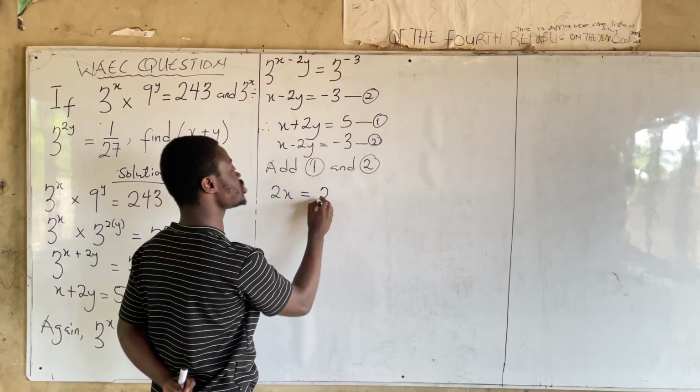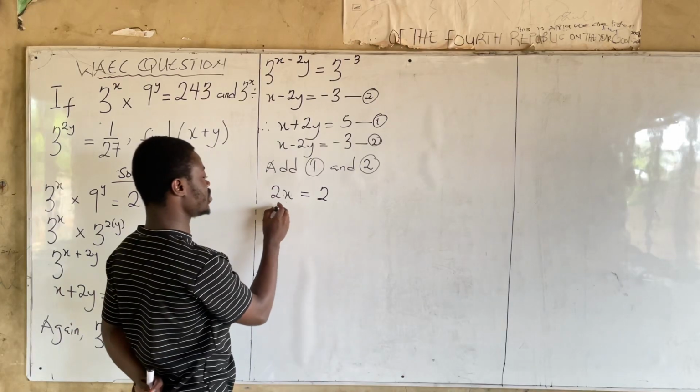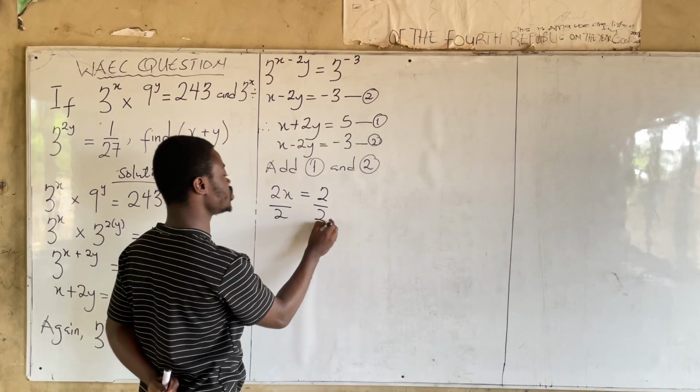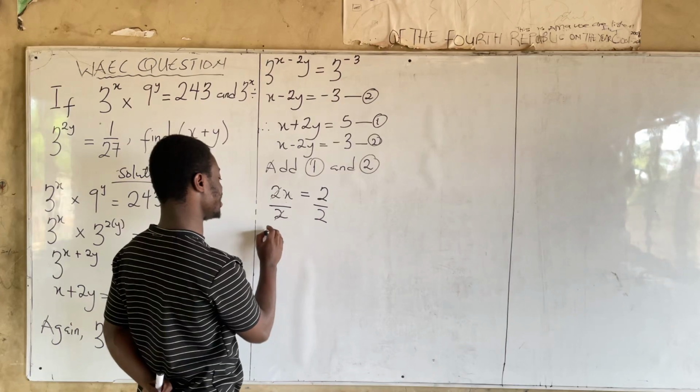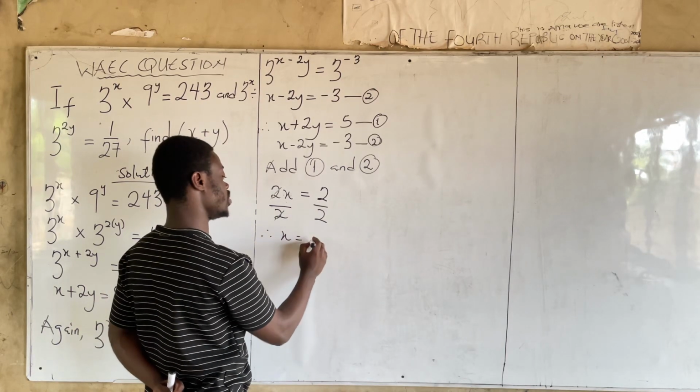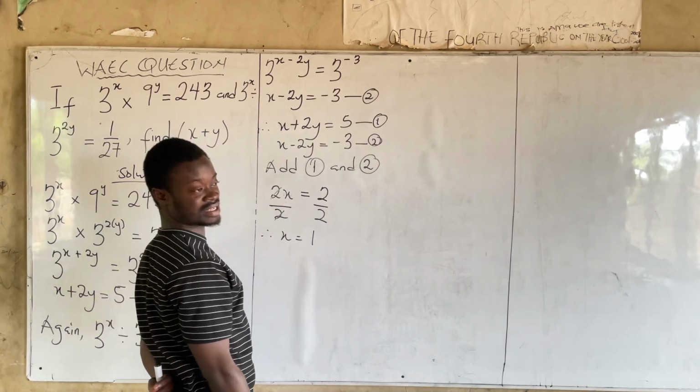So 2x equals 2. We divide both sides by 2, this cancels this, and therefore x equals 1.